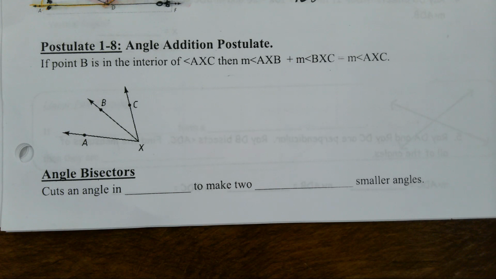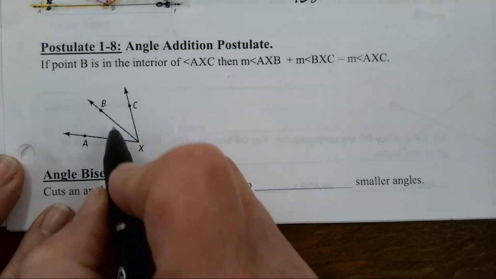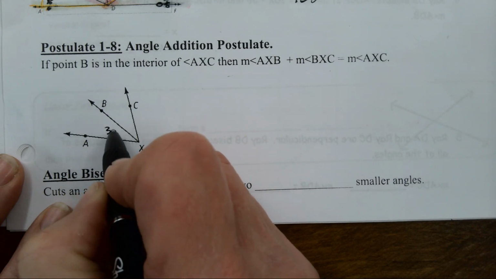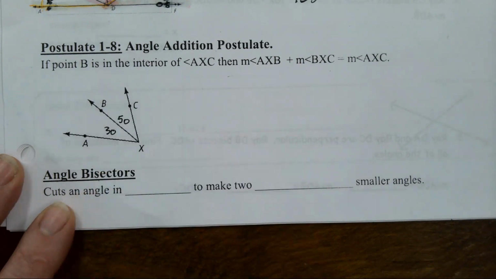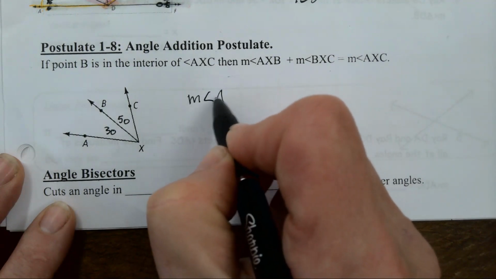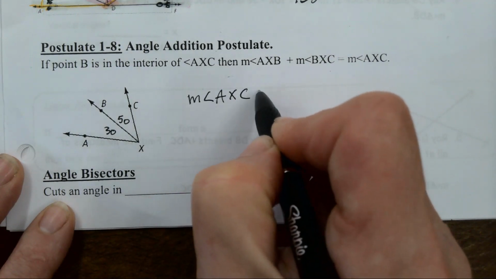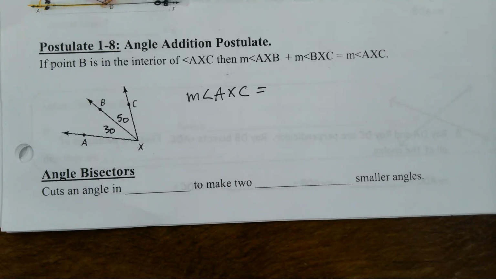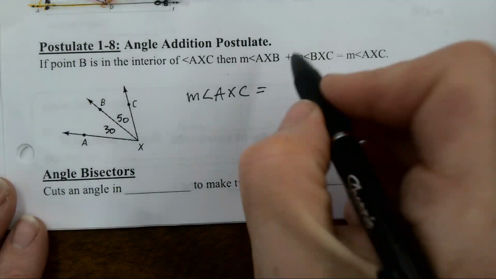So the sum of the parts equals the whole. So just for instance, if I put a 30 degree here and a 50 degree here, what's the measure of angle AXC? 80 degrees, because the sum of the pieces equals the whole. That's all that that's getting at.